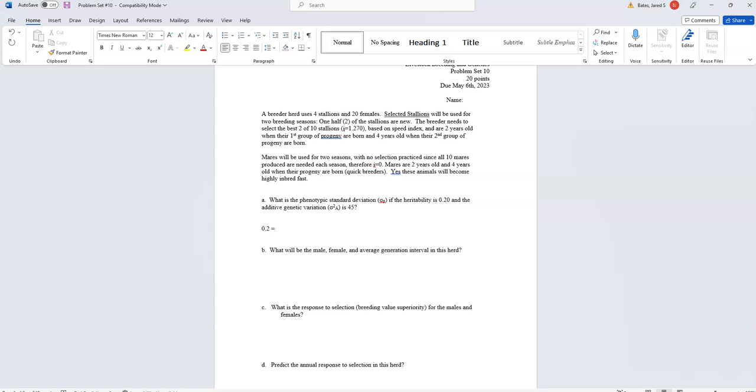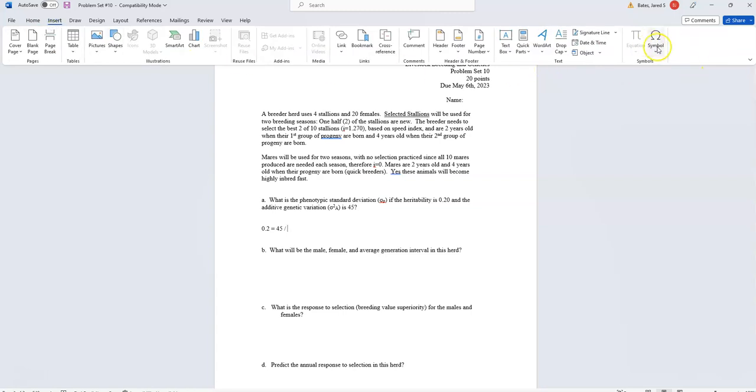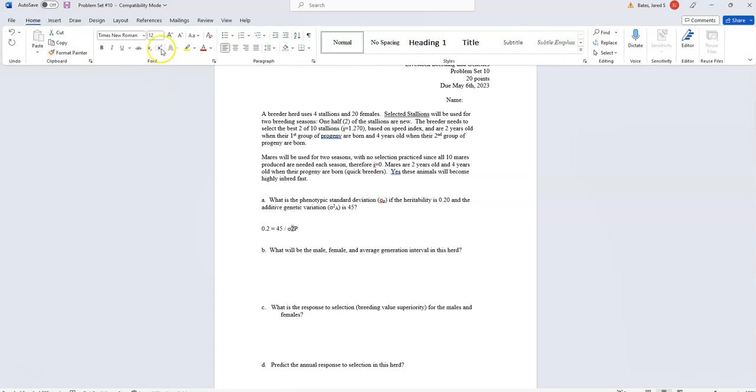That's going to be equal to 45, which is my additive genetic variation, divided by sigma squared p, that is my phenotypic variance. And this is going to be equal to 225.